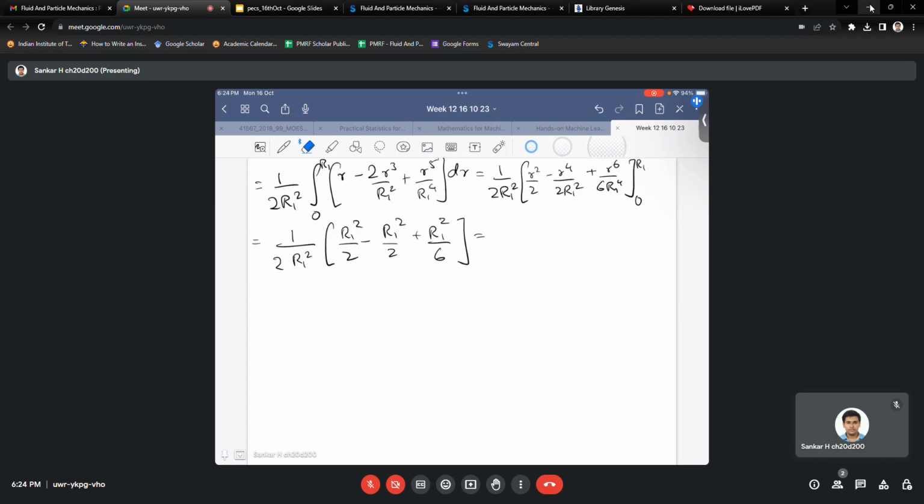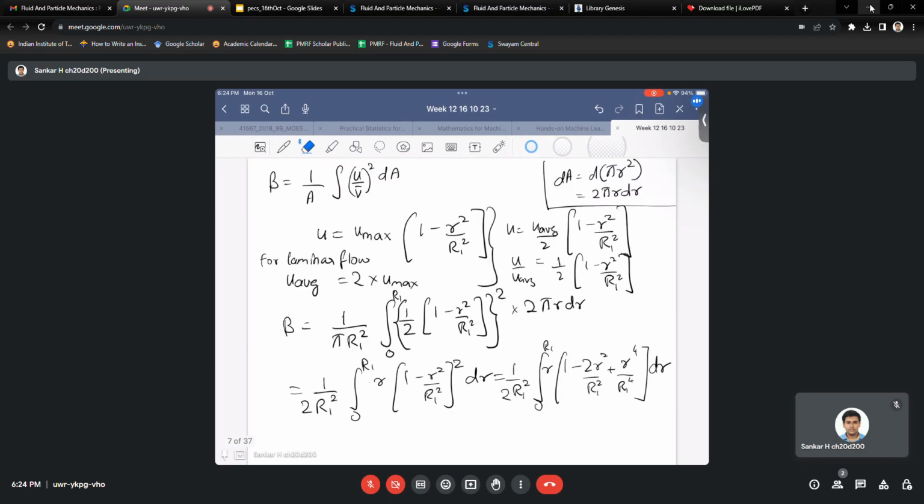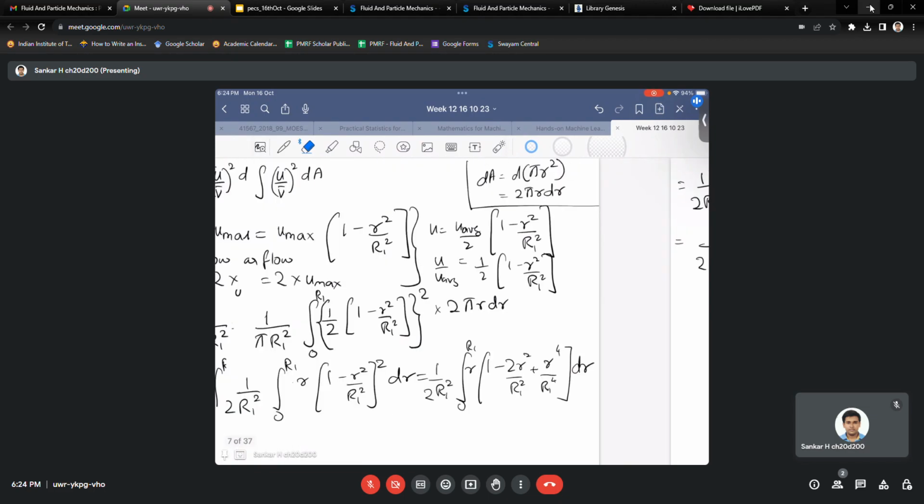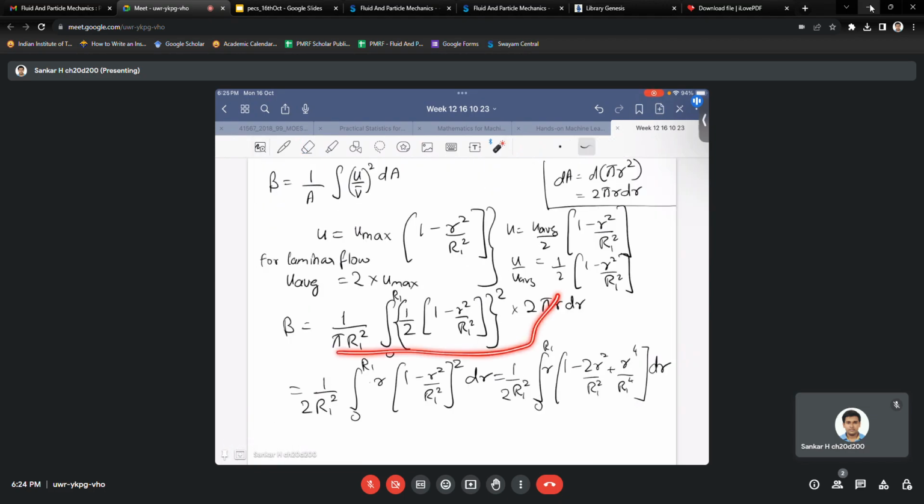Not able to figure out, somewhere I made a simple calculation mistake. But if you do this integration directly in the calculator, just substitute for these values. R into 1 minus r square by r1 square the whole square, which is a square minus 2ab plus b square.